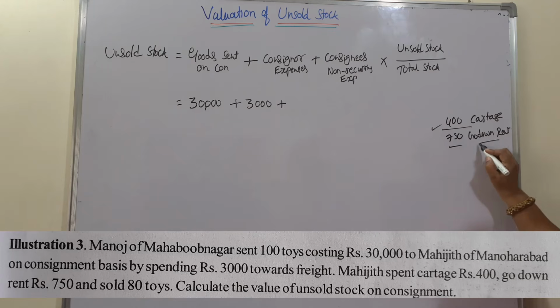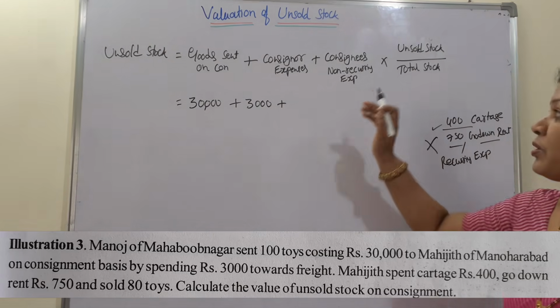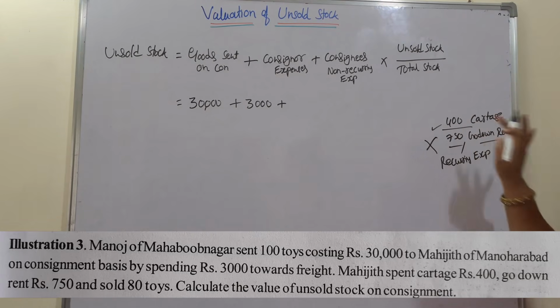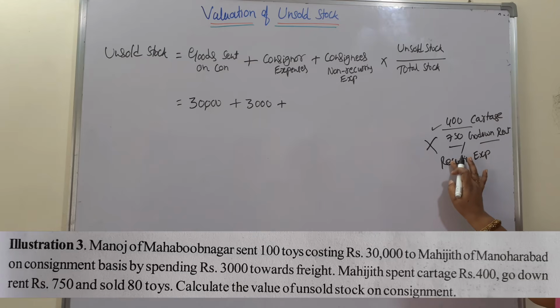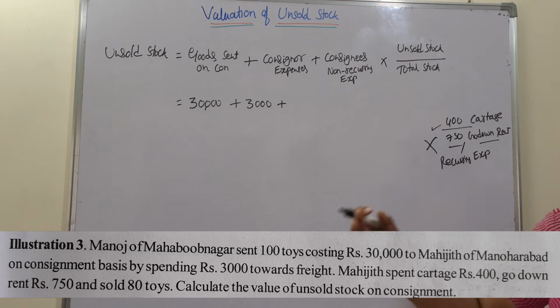Now godown rent means every month he has to pay. It is recurring expenses. Do we take recurring expenses? No. So we will ignore this 750. 400 is non-recurring. Out of these two, we take 400 only. 750 is recurring expenses. Godown rent means recurring, continuously you have to pay this month, next month like this. So that is why only 400.